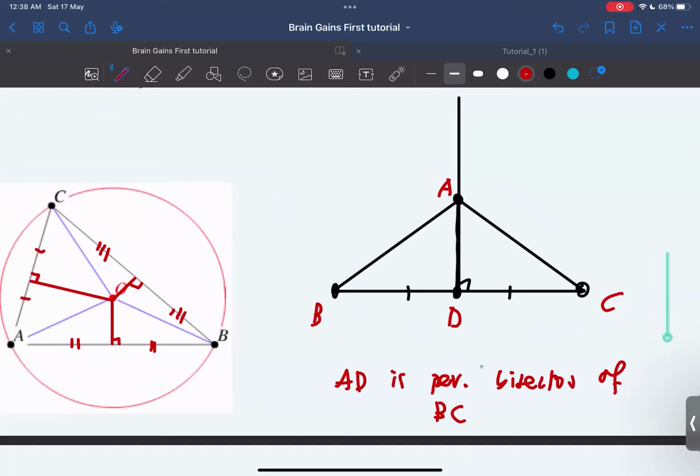Sorry? The triangle's circumcenter can be outside of the triangle. In this case, it would definitely be outside the triangle.